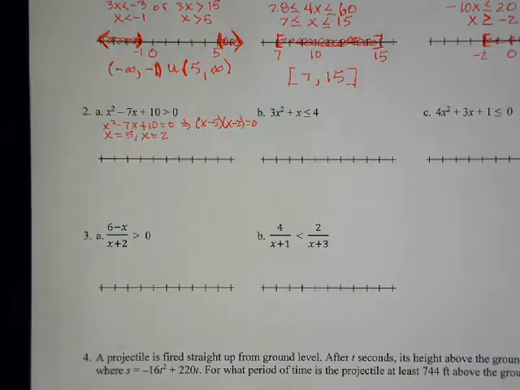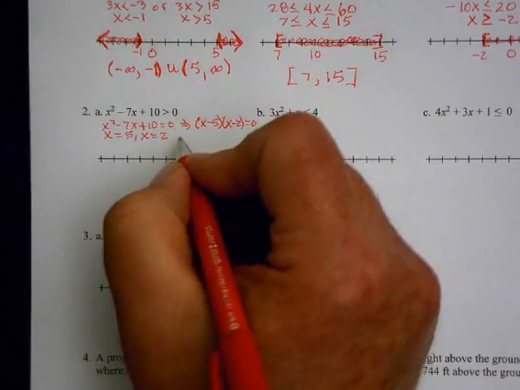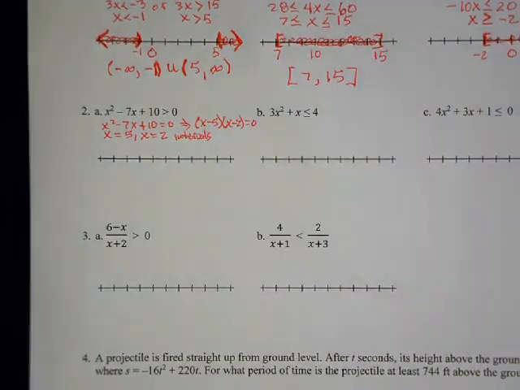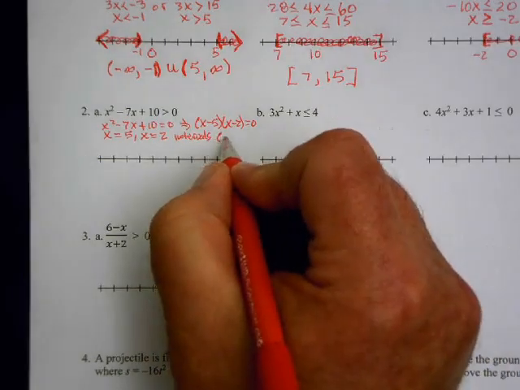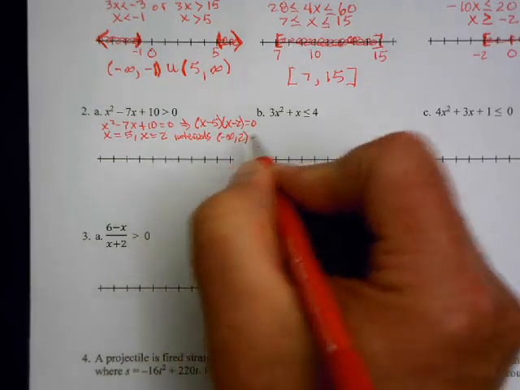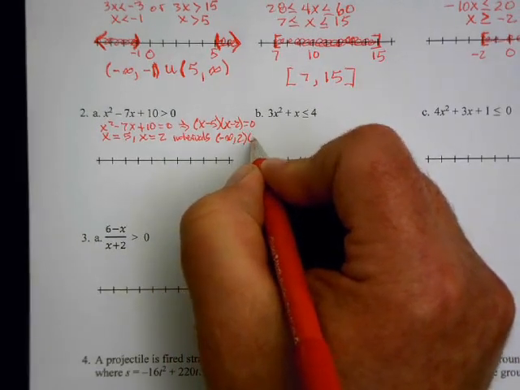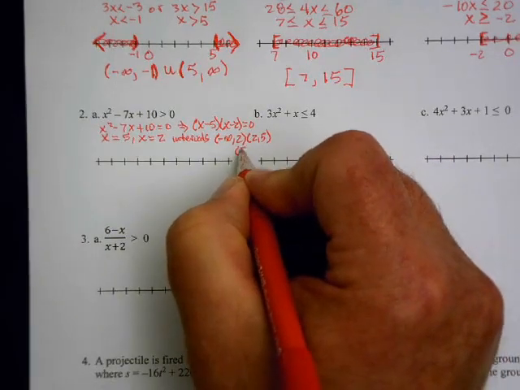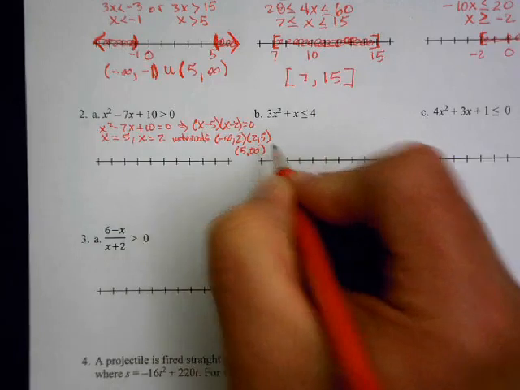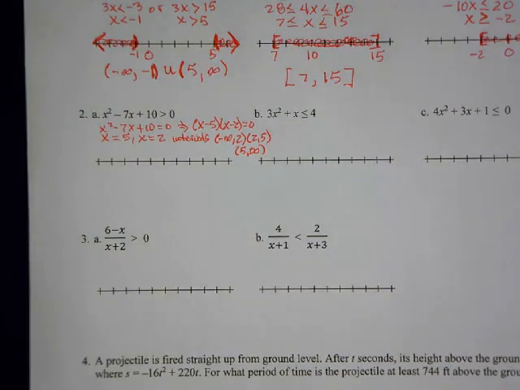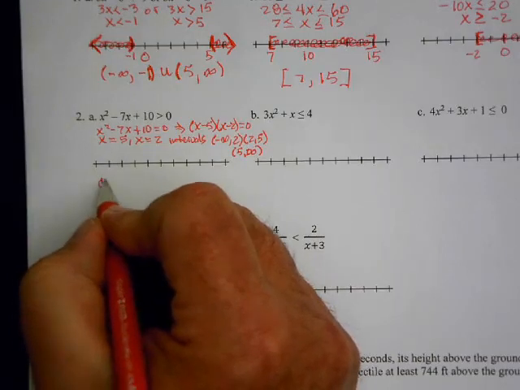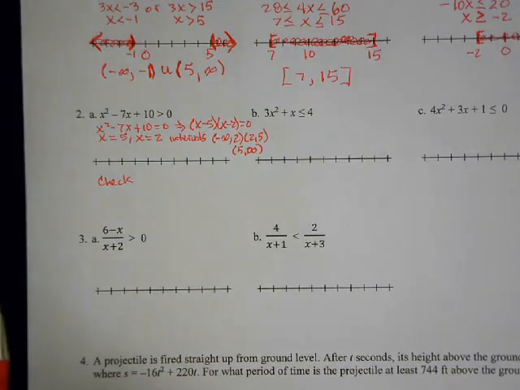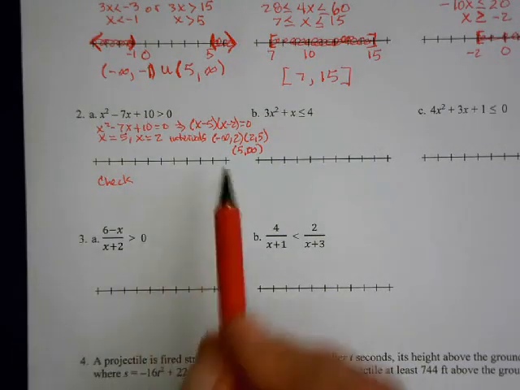So that means the intervals that I'm going to check will be from negative infinity to 2, from 2 to 5, and then from 5 to positive infinity. So let's go ahead and check. To do a check, I just need to pick a number that's in each one of those intervals. Pick numbers that are easy.